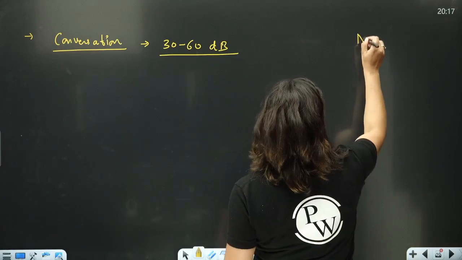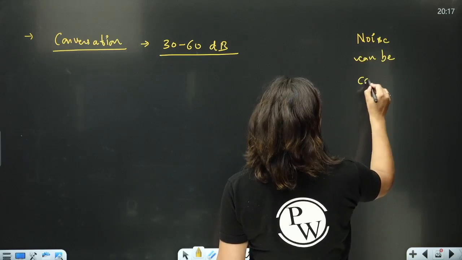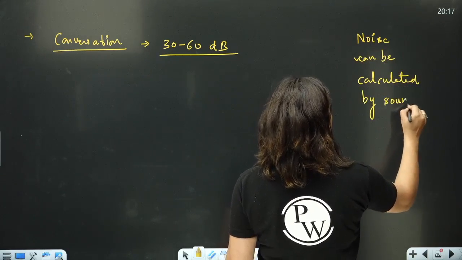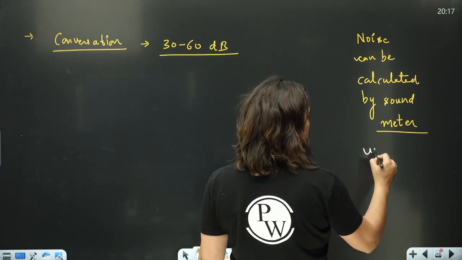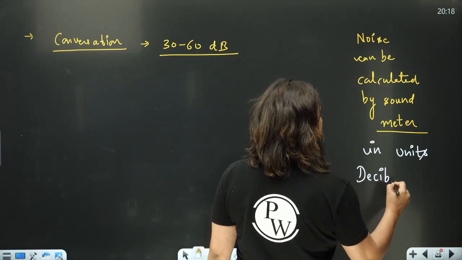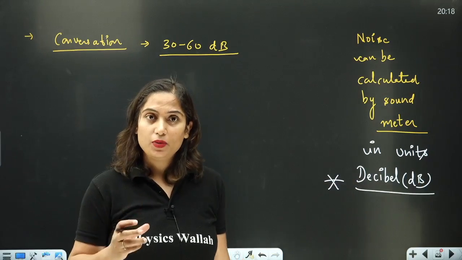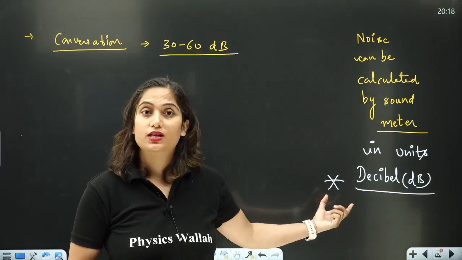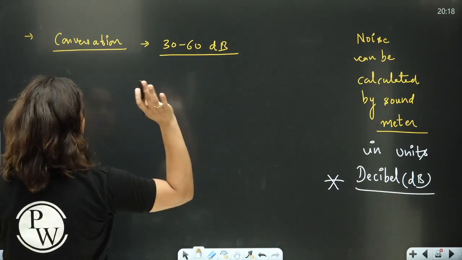Noise can be calculated by a sound meter, and the unit for this calculation is called the decibel, abbreviated as dB. So a sound meter calculates the level of noise in units of decibel. In a normal conversation, the level is 30 to 60 dB.